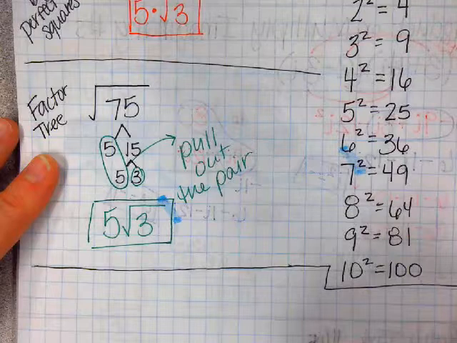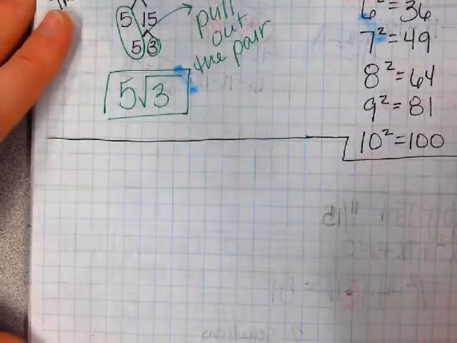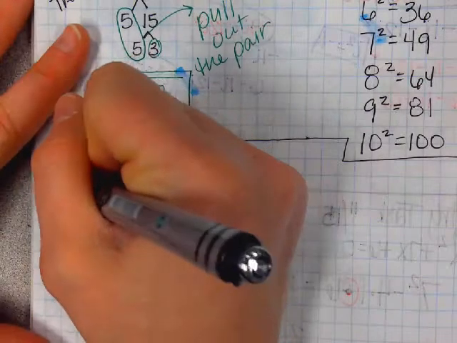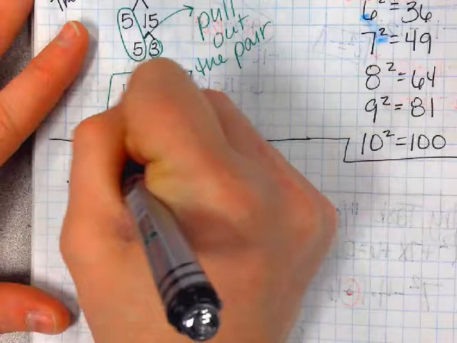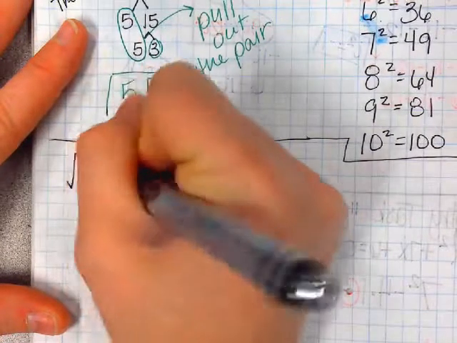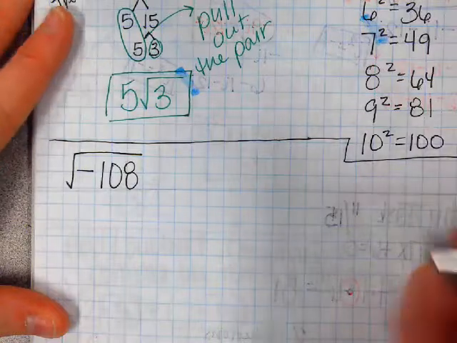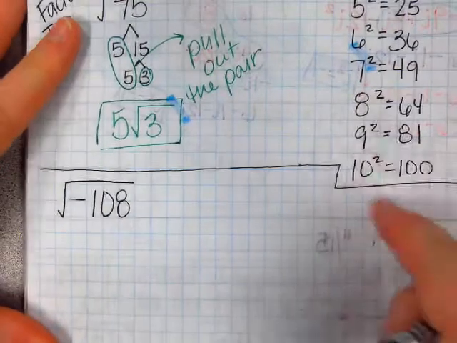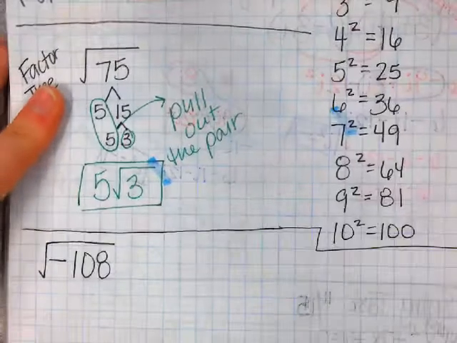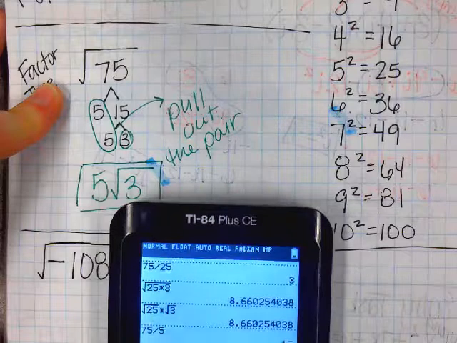Okay, now the whole reason we're doing this is so that we can simplify when we have a negative, because remember we were talking about imaginary numbers. So if I did the square root of negative 108, I'm going to do it the first way first and divide by all of my perfect squares.